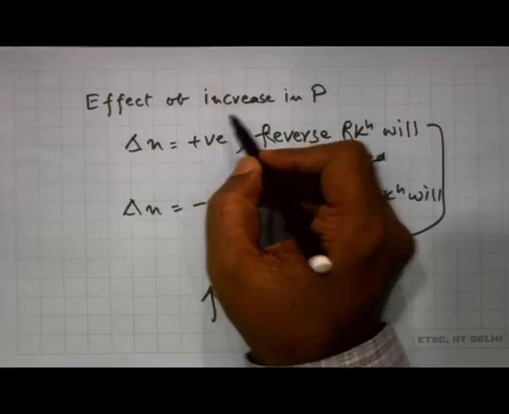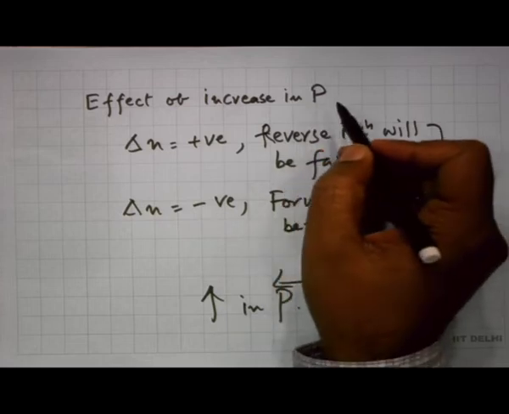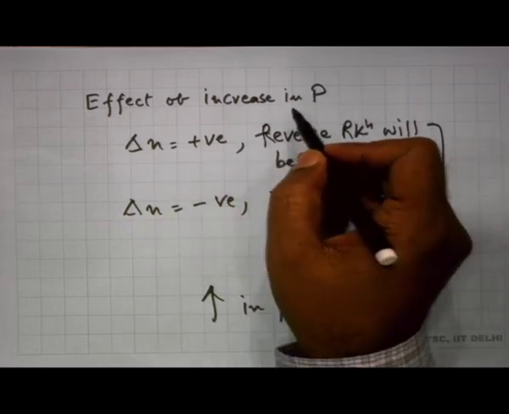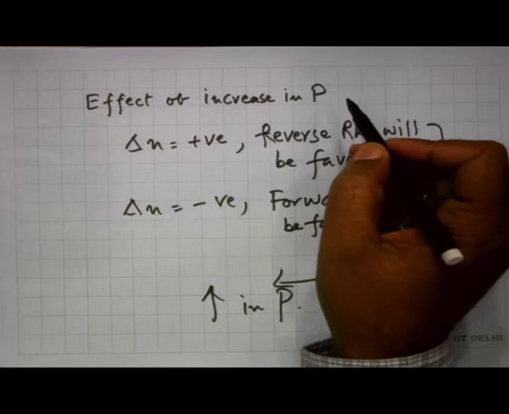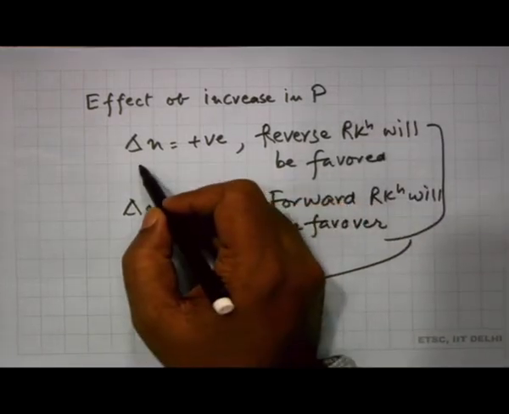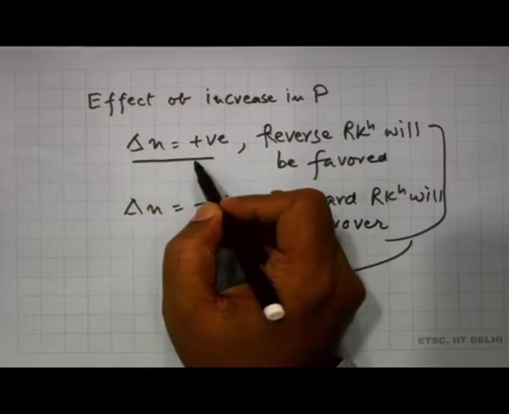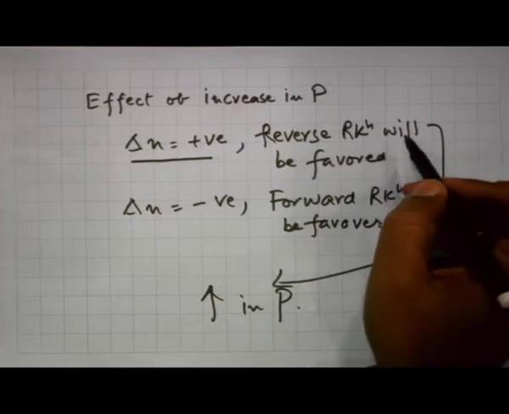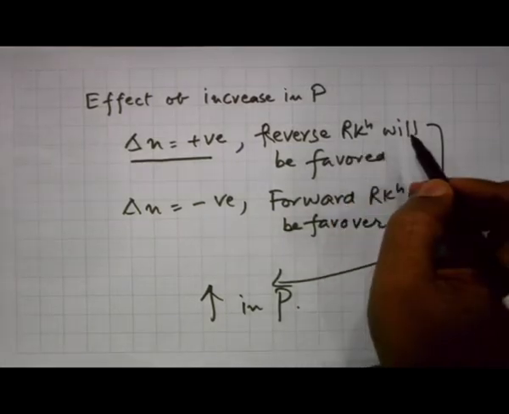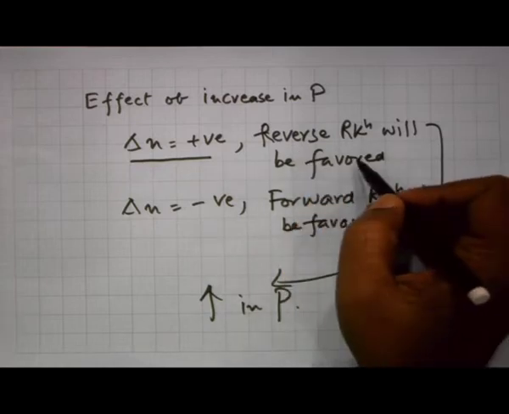Then we looked at the effect of an increase in pressure. Suppose I increase the pressure by decreasing the volume. I showed you that if delta n is positive, the reaction will move in the reverse direction, or the reverse reaction will be favored.